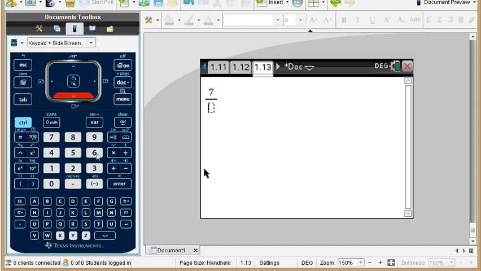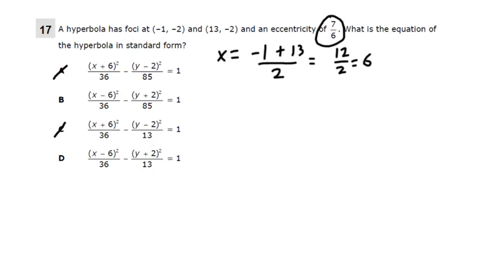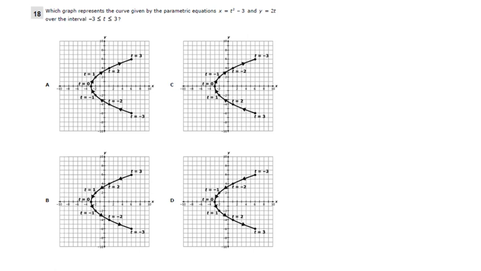Next, 18. Which graph represents the curve given by the parametric equations x equals t squared minus 3 and y equals 2t for the interval from -3 to 3? One thing you can do is look at the arrows. Which way do the arrows go?